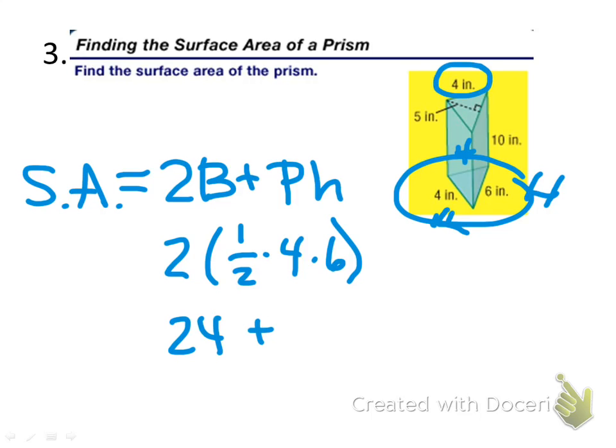If you can see the 4 at the top here, that means that this side is 4. So what's 4 plus 4 plus 6? Sophia? 14. That's okay. And then what's the height? 10.